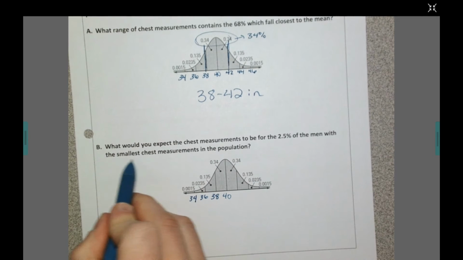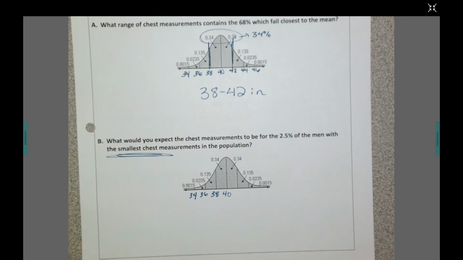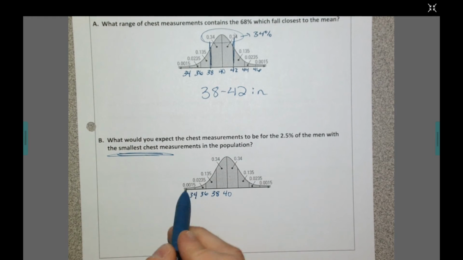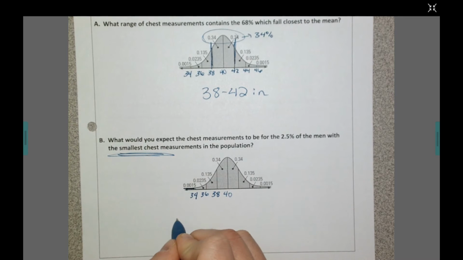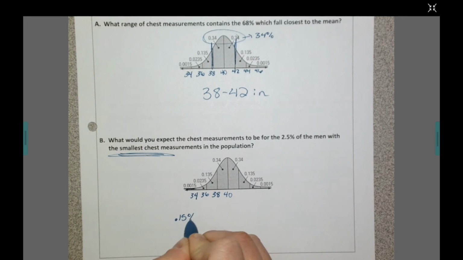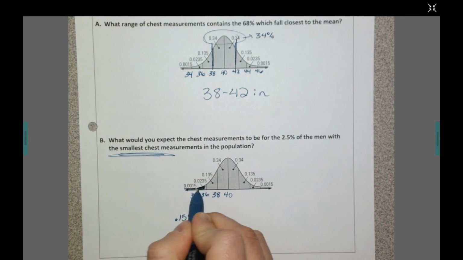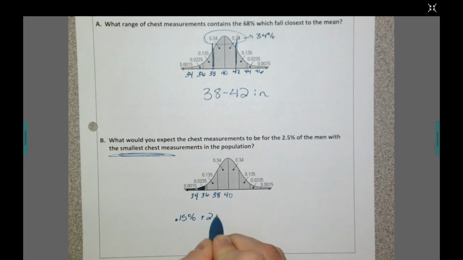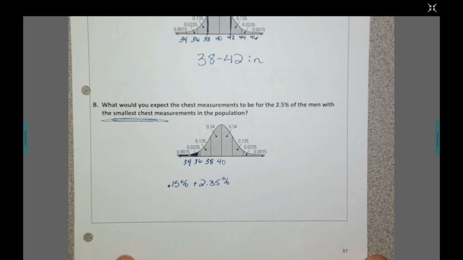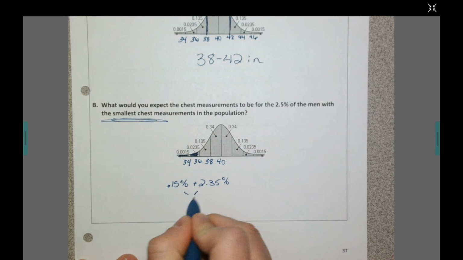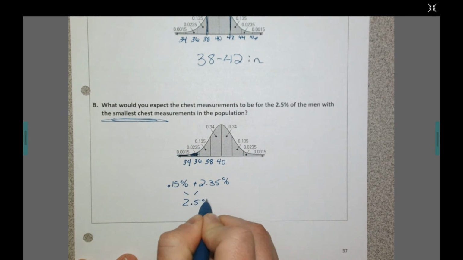This question wants the smallest, so you deal with the smallest numbers. If I go ahead and shade this in, I'm at 0.15% for that region. This next one is going to get me to 2.35%. If I add those together, they get me to the 2.5%, which I wanted.